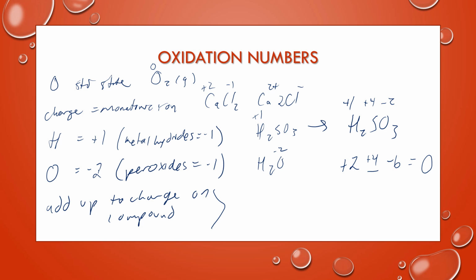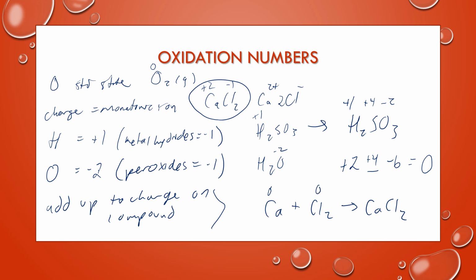Now, why is this useful? Well, we can use the oxidation numbers to track whether something is gaining or losing electrons. Let me take this calcium chloride example. If I have calcium and chlorine gas forming calcium chloride ions, the calcium by itself is in its standard state at 0. Cl2 is its standard state at 0.